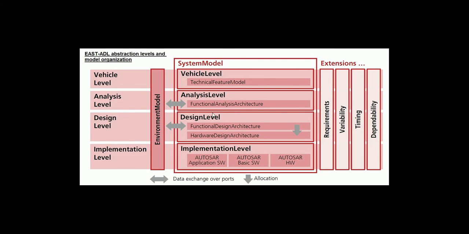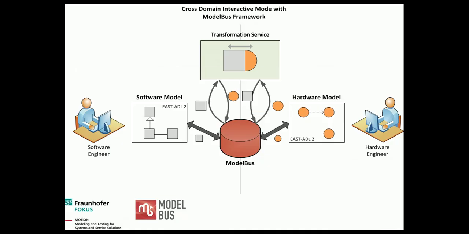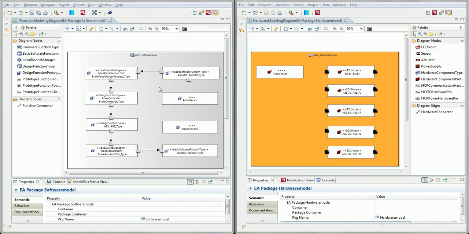Okay, let's take a look at the development environment of both engineers. On the right side is the IDE of the software engineer with the software model. This model describes the transformation behavior of functions as well as data flow between them.